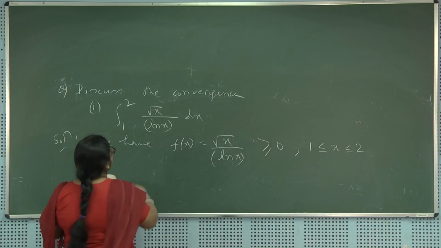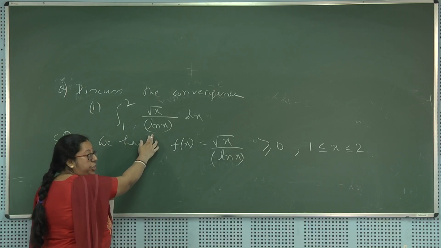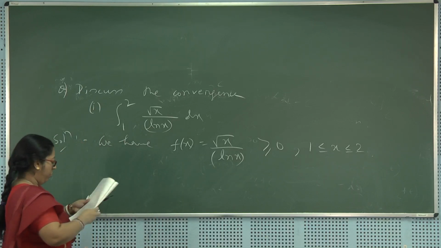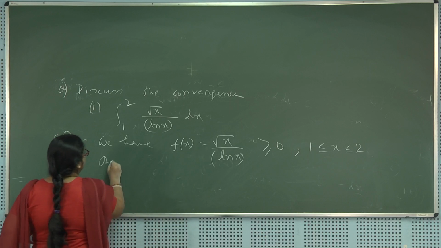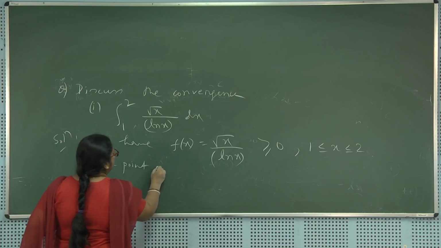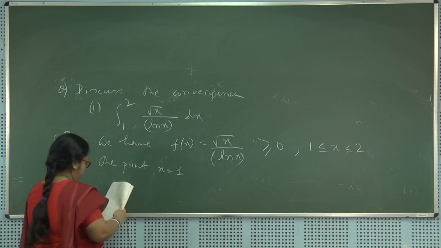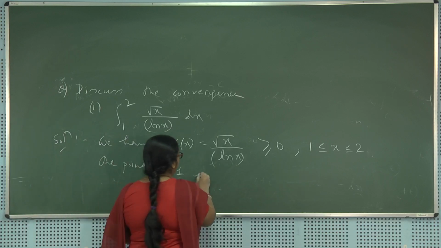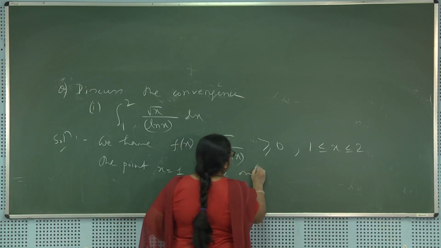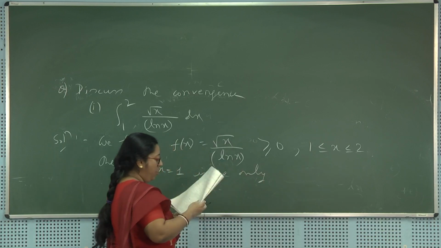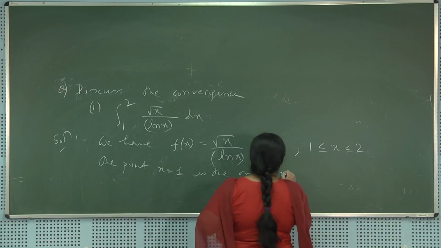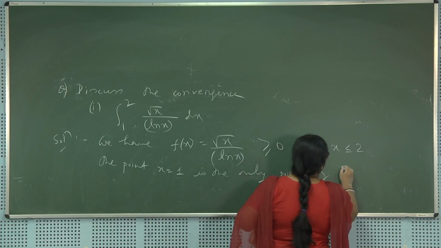Here x equal to 1 is the only point of discontinuity. So, the point x equal to 1 is the only point of infinite discontinuity.